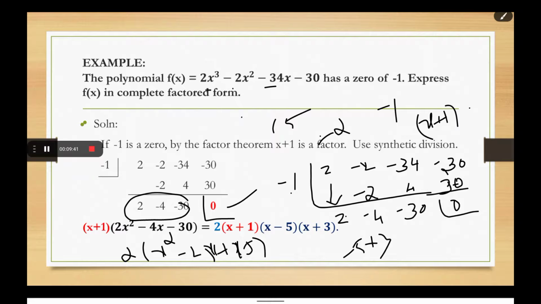Here is minus. Then we can write plus 5 into minus 3. If we multiply this, we get minus 15.